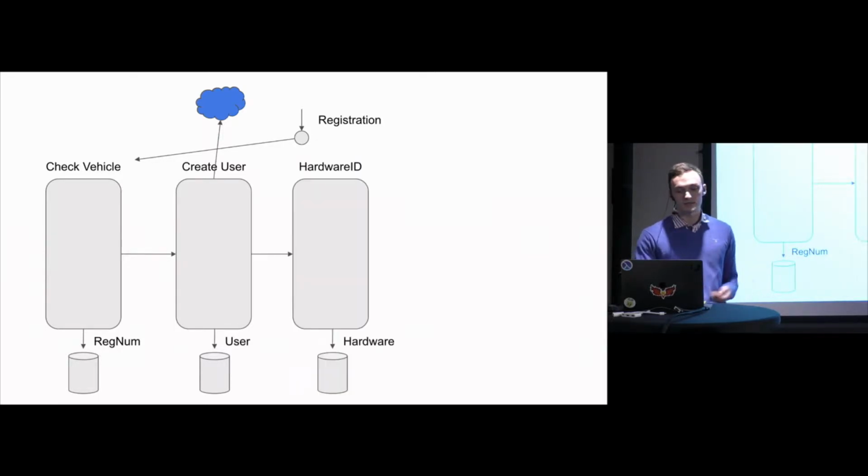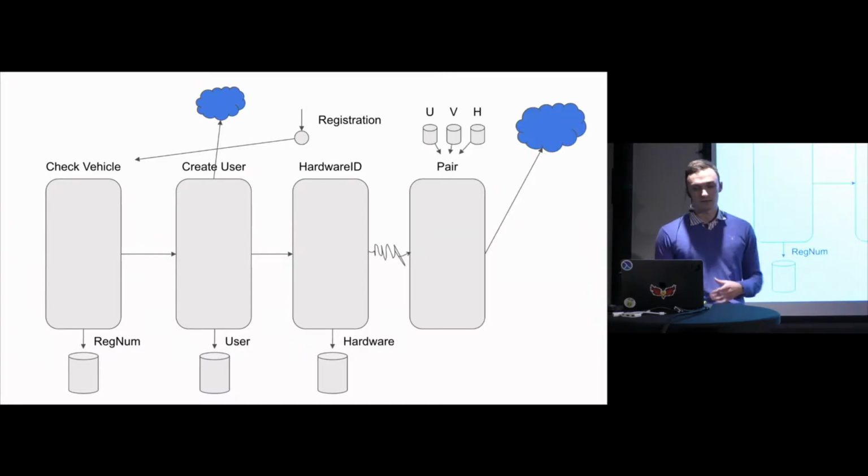So we create the user on the device, then we show the hardware screen where we also ask for hardware information and store it on the device. Then we have an information step where we show the user how to insert the hardware in the vehicle and where he can find the OBD port. And only after that can we really pair all this information together: user information, vehicle, and hardware.